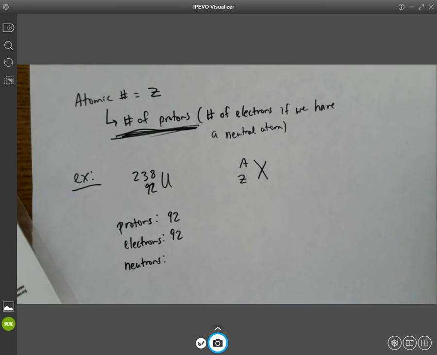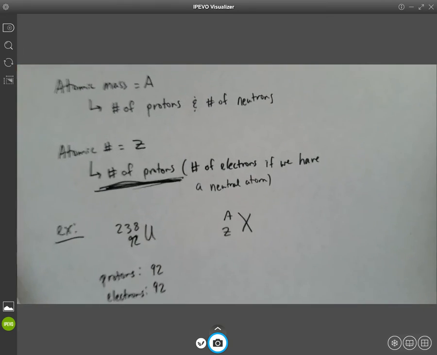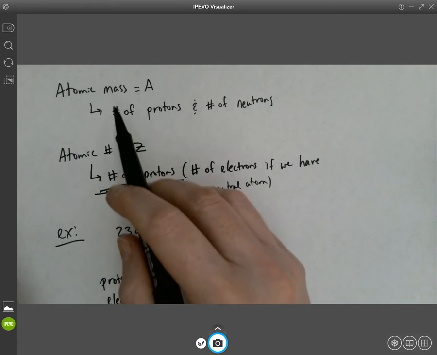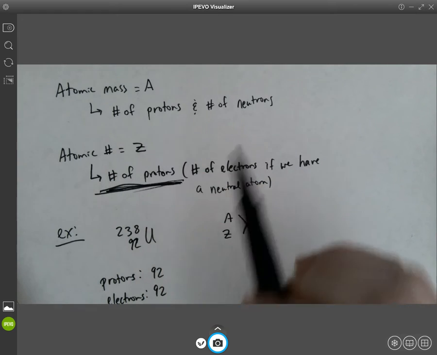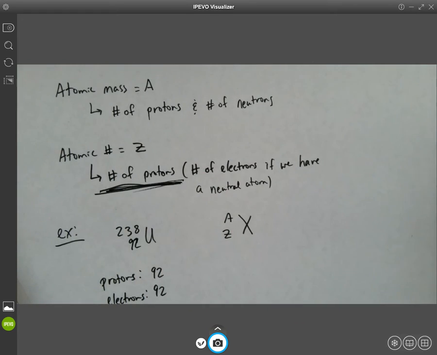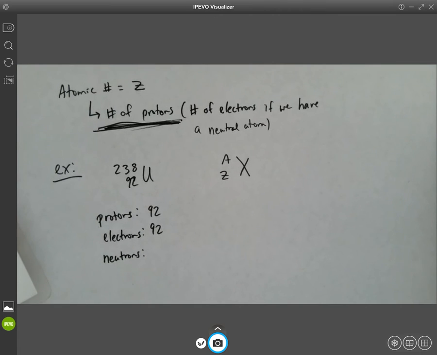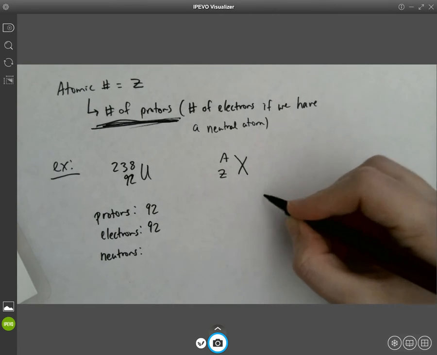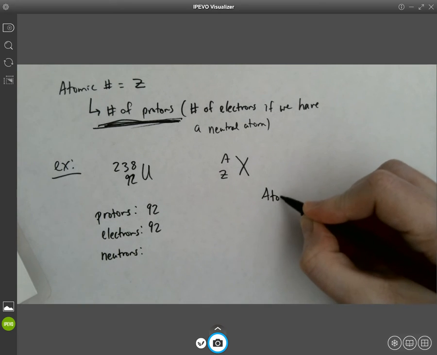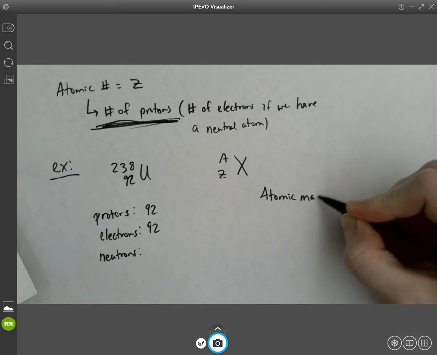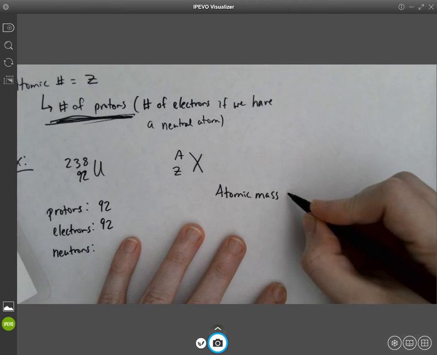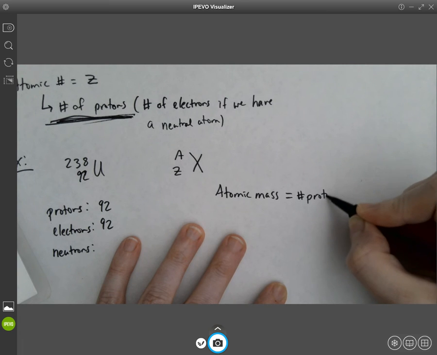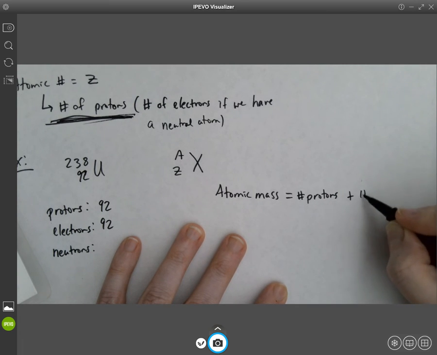Okay, let's do neutrons. Remember, atomic mass is the number of protons and neutrons. We know the atomic mass, we know the number of protons, so let's use that to find the number of neutrons. So we're going to use this equation here. So atomic mass is going to equal the number of protons plus neutrons.